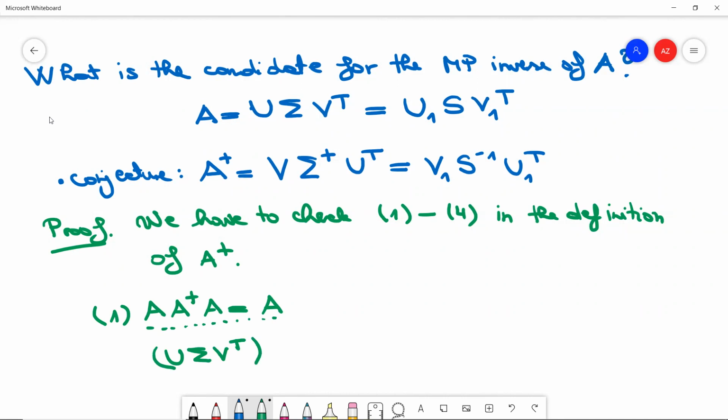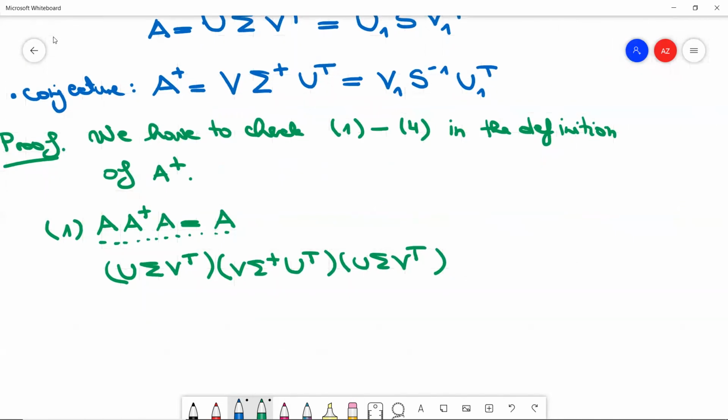And our candidate for A plus is V sigma plus U transpose. And A is U sigma V transpose. And we start calculating. So what we get is we get rid of those brackets at first step.